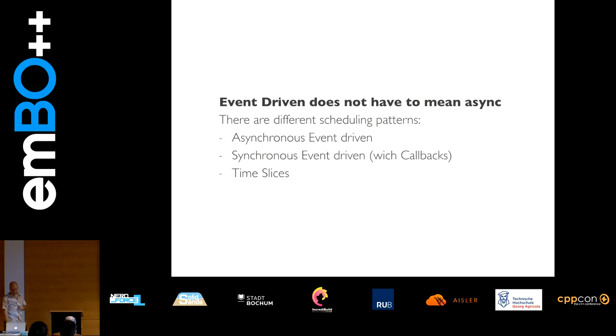The point is, most applications will have to mix different scheduling approaches. I might have controller loops that need to be on time, really hard, and I have asynchronous things that happen sometimes.